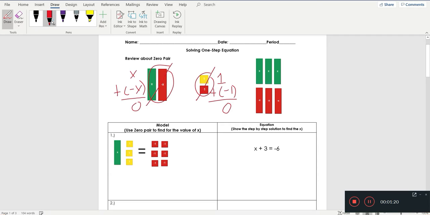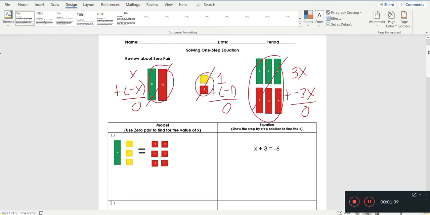So here I have 3x plus negative 3x. The answer is 0 because when you pair the same amount of negative and positive, it is just equal to 0.